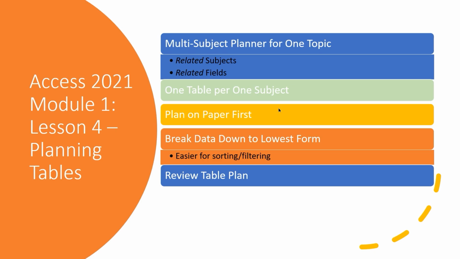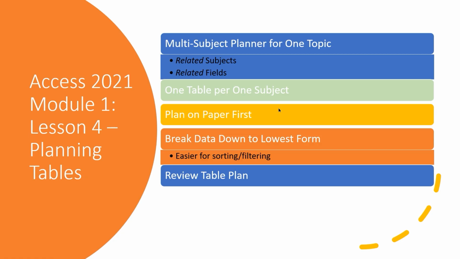When I learned how to plan database tables, I learned to think of a database as a multi-subject planner that has one overall topic. So the database that we're going to create is going to be similar to Northwind in theme, in that it's really going to be about customers, their orders, and things of that nature, products. So a multi-subject planner for one topic.